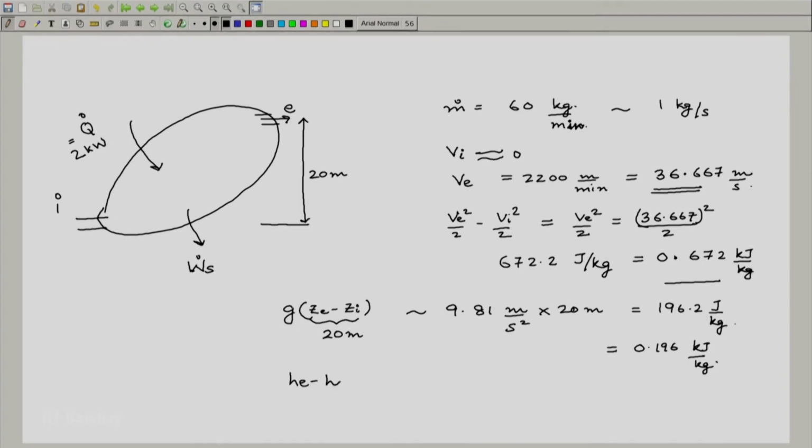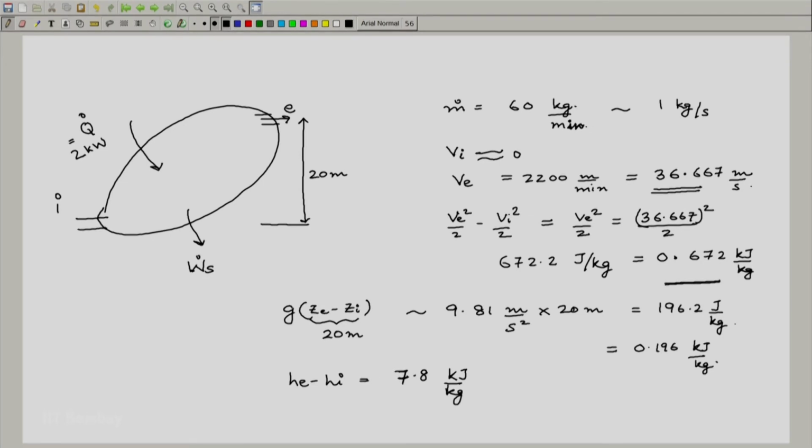He minus hi has been given. It is 7.8 kilojoule per kg. So, it is not as large as in turbines. It is a reasonably small number. It is not of the order of 100 or 200 or 900, and hence the Ve squared by 2 term is at least comparable to this.